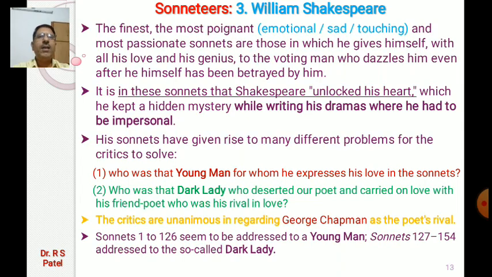We saw three different kinds of sonnet: Petrarchan sonnet, Shakespearean sonnet, and Spenserian sonnet, and the different rhyme schemes used by different sonnet writers. We also talked about the contribution of Wyatt and Surrey. Then we talked about Sir Philip Sidney with his collection named Astrophel and Stella.